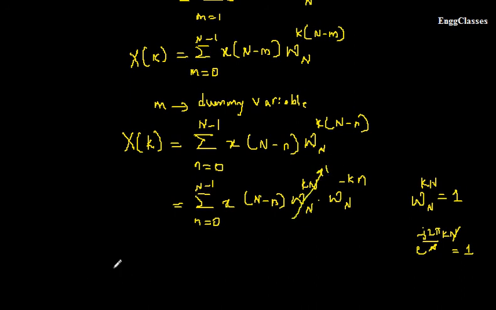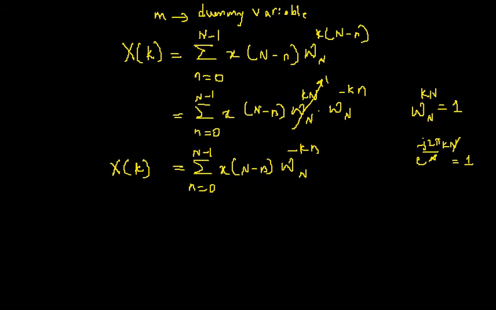So what I'm left with now is x of k equal to summation n equal to 0 to N minus 1, x of n minus n, W_N to the power minus k into n. Is that fine? So in this expression I would replace k with N minus k, just for simplicity.